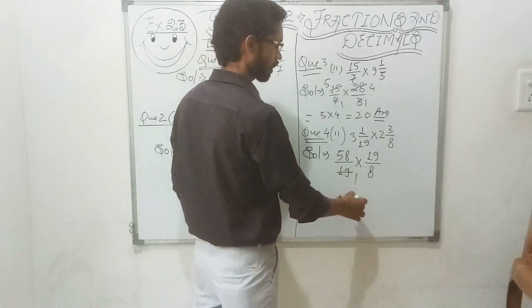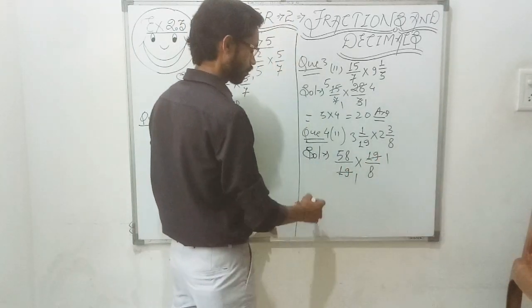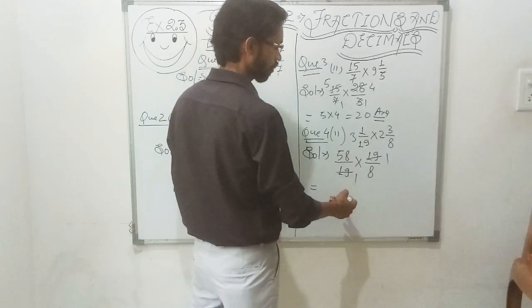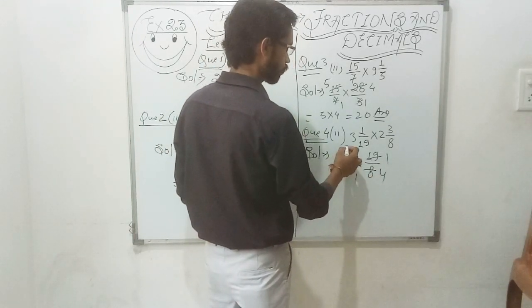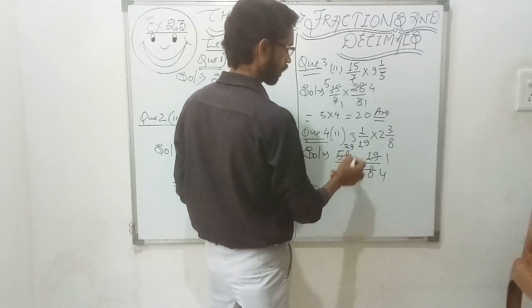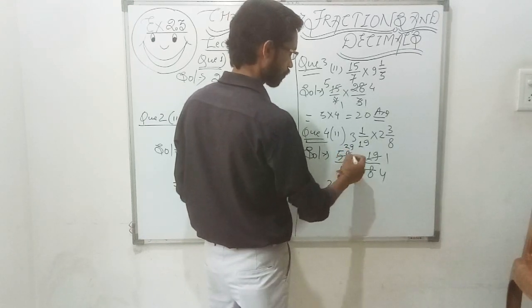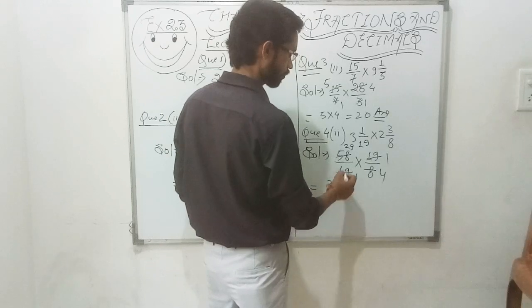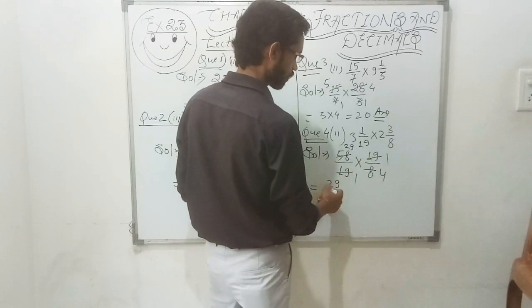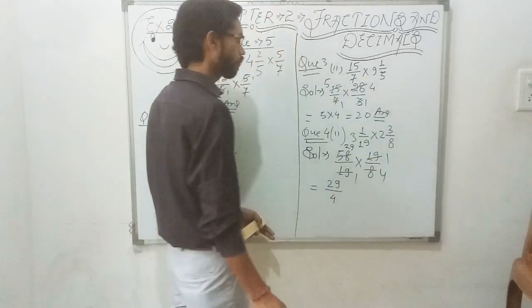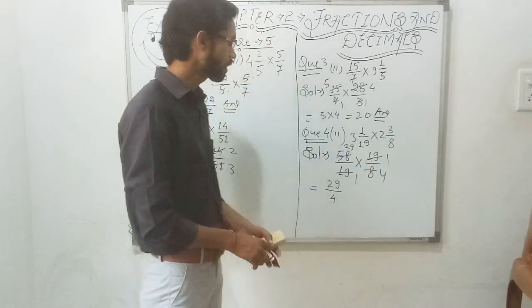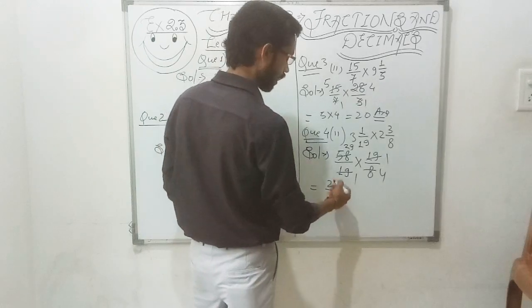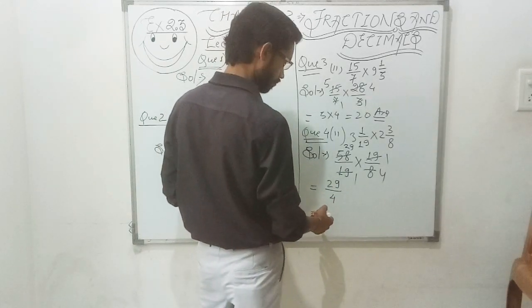Okay, from the cross section 19 1s are 19, 19 1s are 19, both are cancelled. Now from here 2 4s are 2 2s are 2 9s are 29. What is remaining? From the top side 29 1s are 29 and 4 1s are 4. Now we can see the question was given in the mixed fraction, so we'll calculate the answer in the mixed form only.